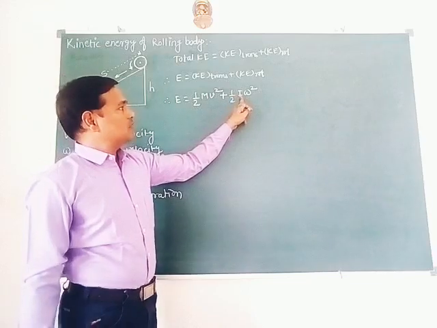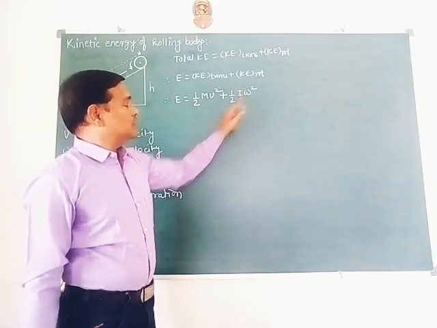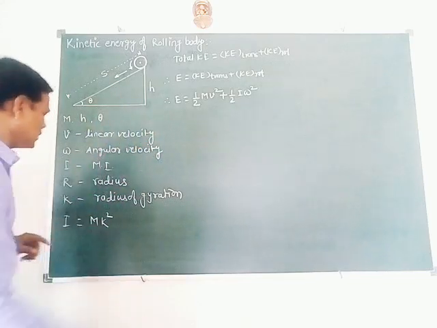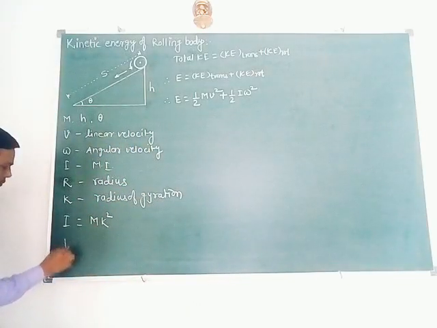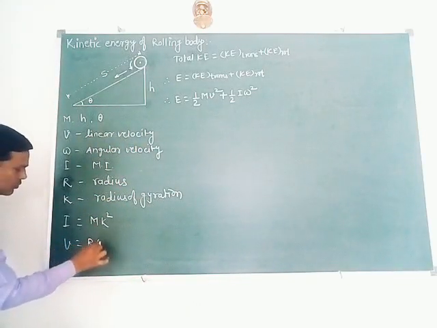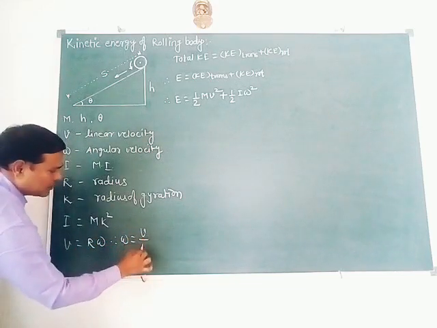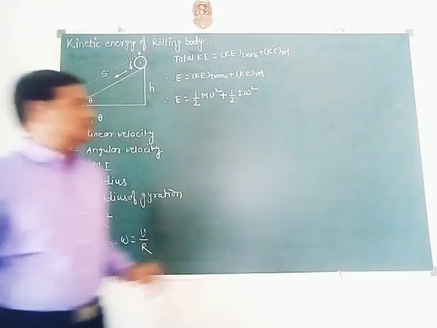So we can write this I in terms of k, and also we have the relation v equal to capital R into omega. Therefore, omega equal to v by capital R. We have these relations.